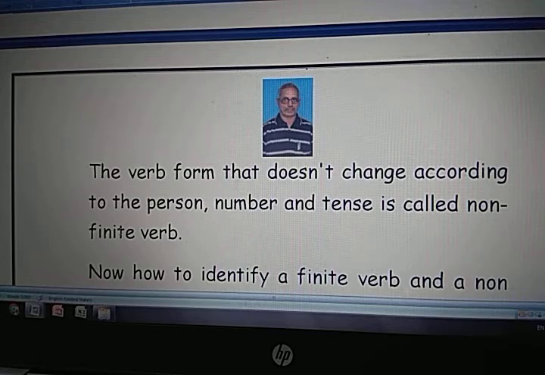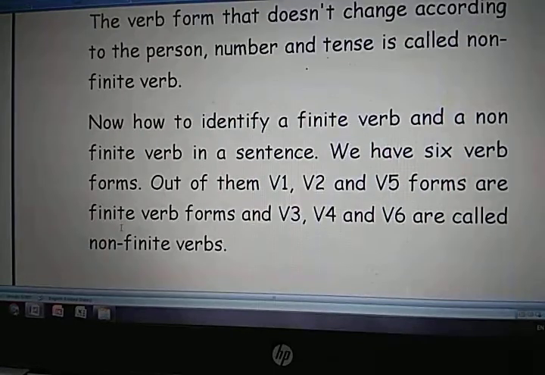Now a question comes: how to identify a finite verb and non-finite verb? In grammar, you should be very clear and able to identify them. So, how to identify these finite and non-finite verbs? You see, we have 6 verb forms: V1, V2, V3, V4, V5 and V6.